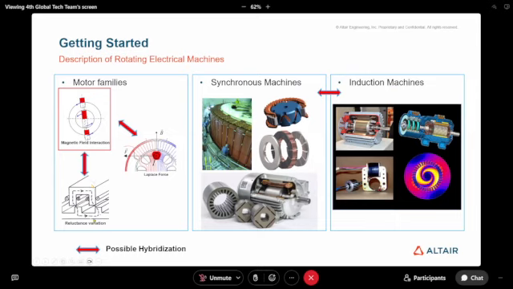And then there is another family based on the Laplace force principle, which is mainly the DC motor, right?